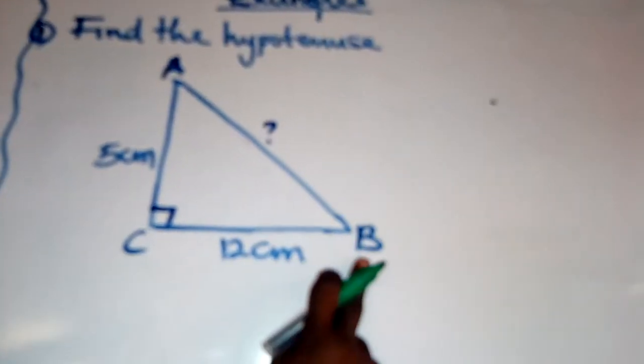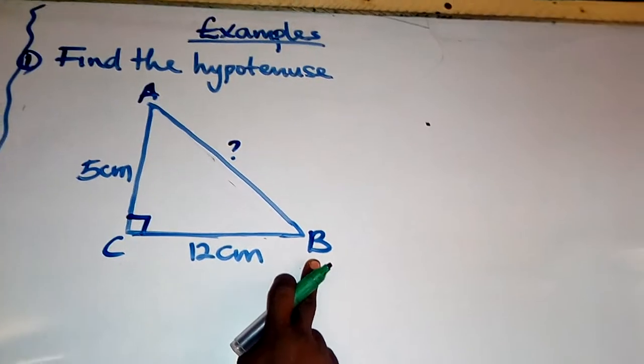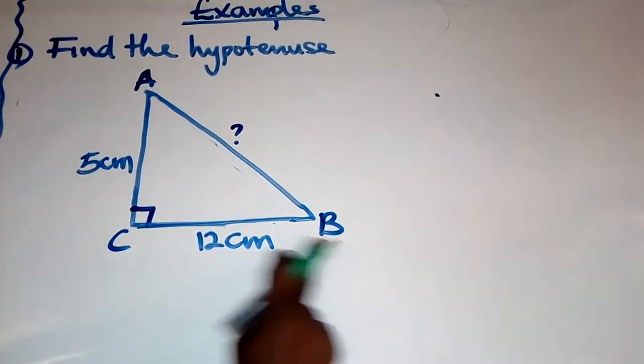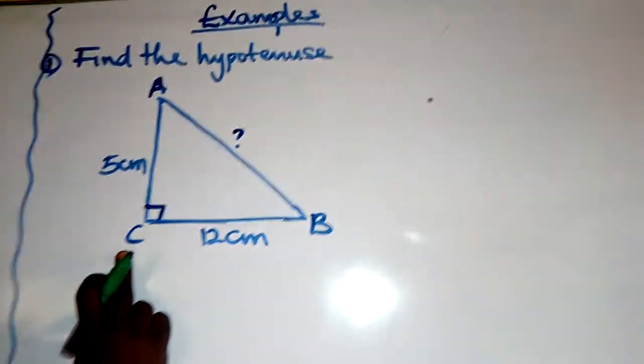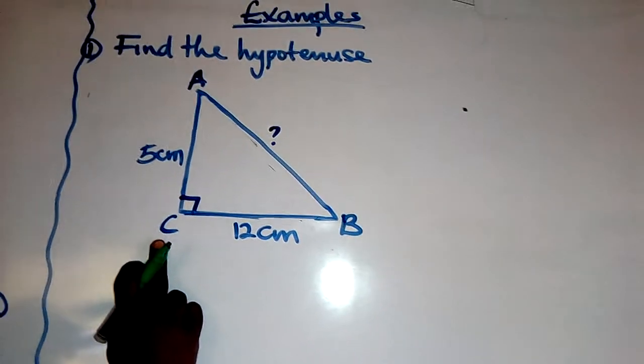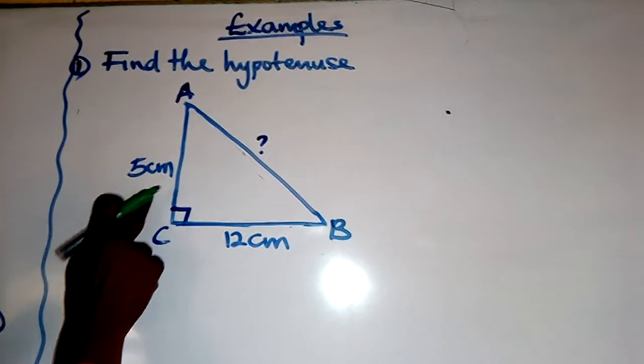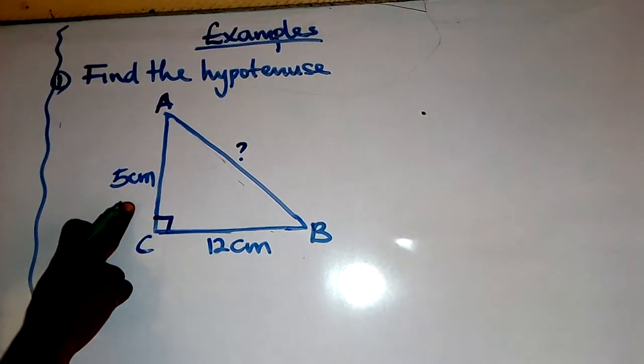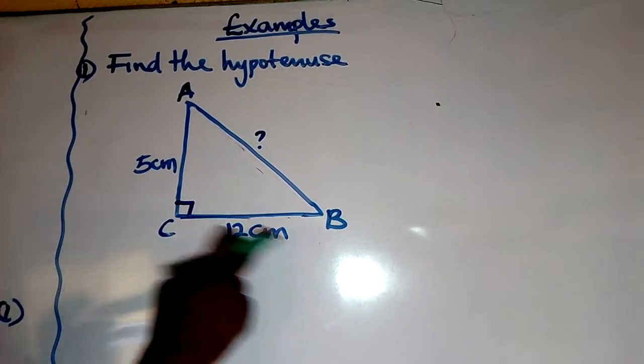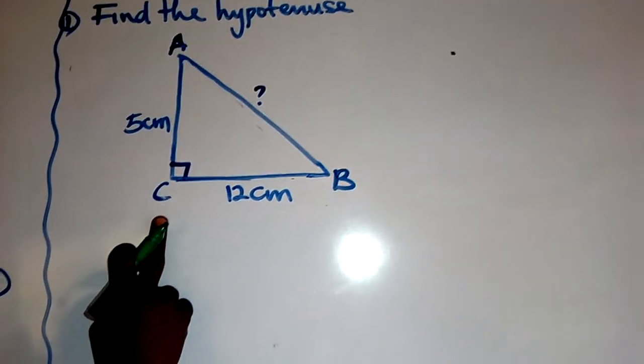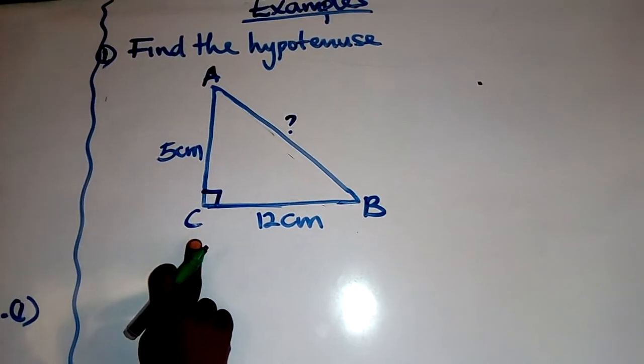Line AB is your hypotenuse, which is unknown. Line BC could be your adjacent, while line AC could be your opposite. So line BC is 12 centimeters, line AC is 5 centimeters.